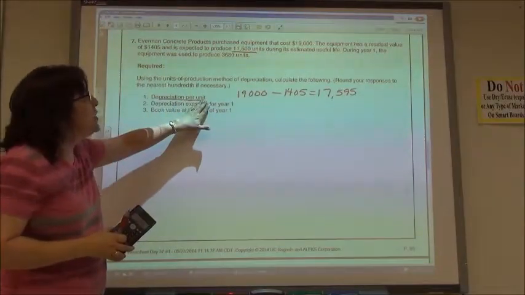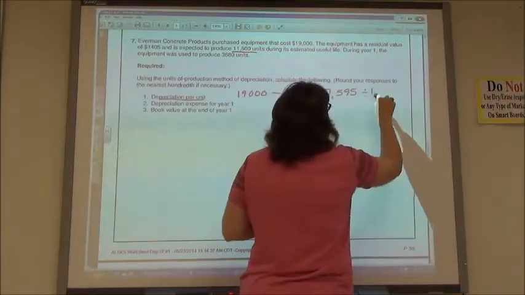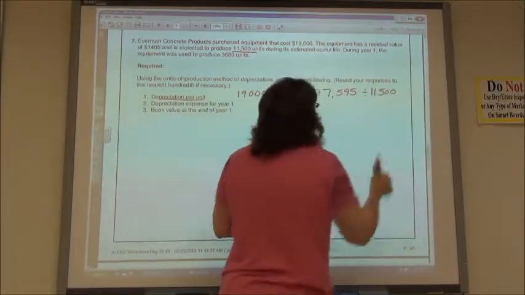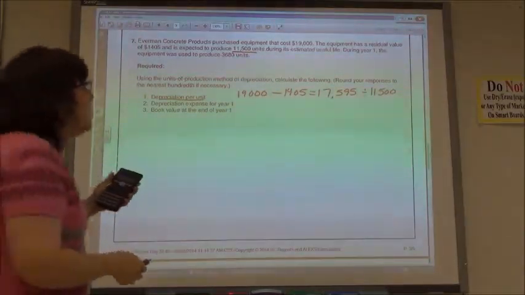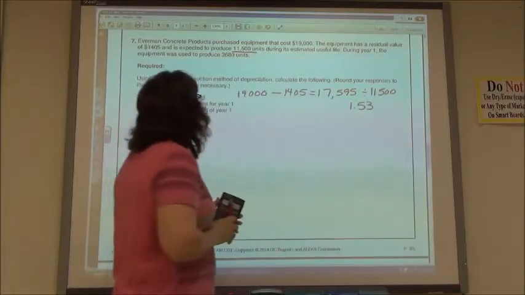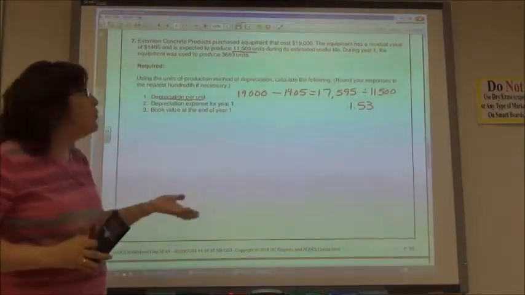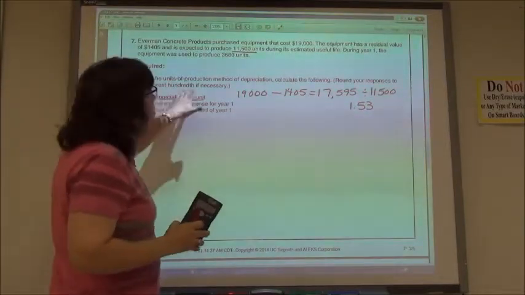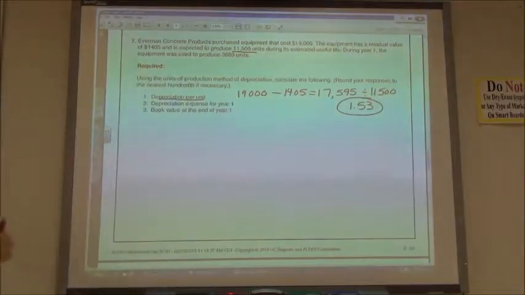Depreciation per unit. So this time we're going to divide by the number of units, 11,500. And so I get 1.53. It's going to depreciate by $1.53 per unit. That's what that means. Round to the nearest hundredth, so it doesn't say, so we'll just leave it as 1.53 there.